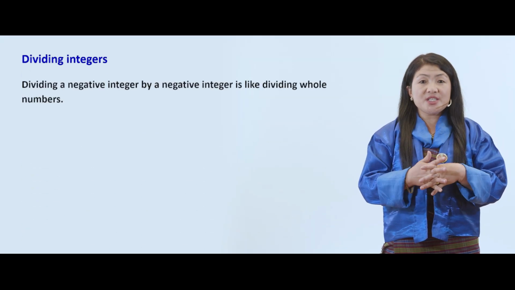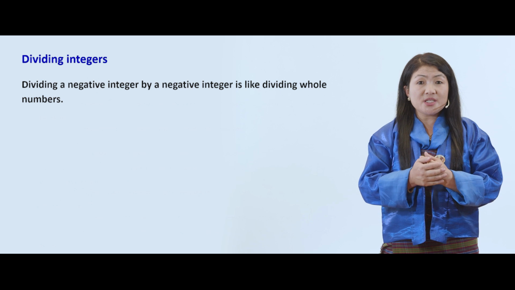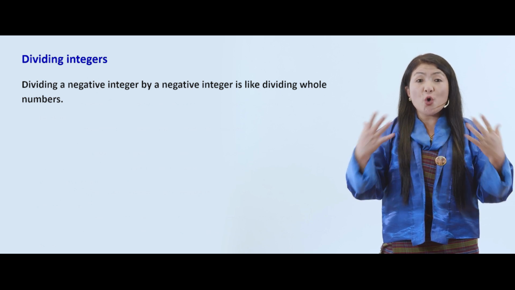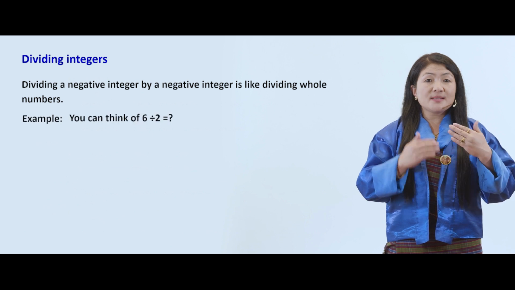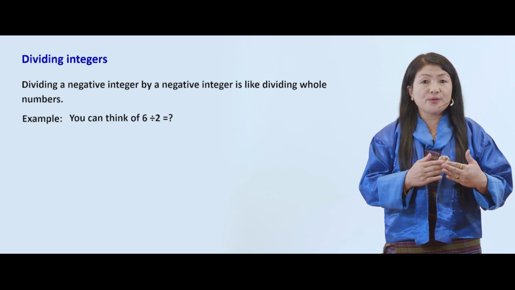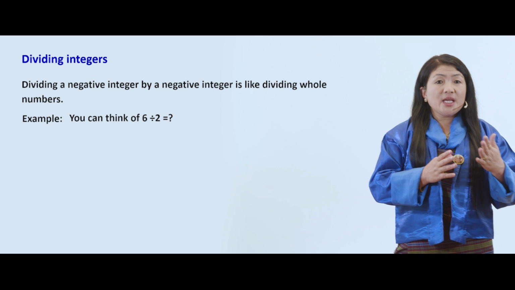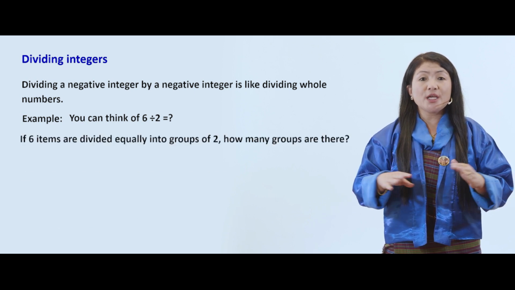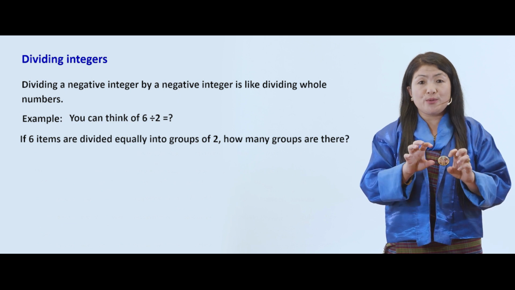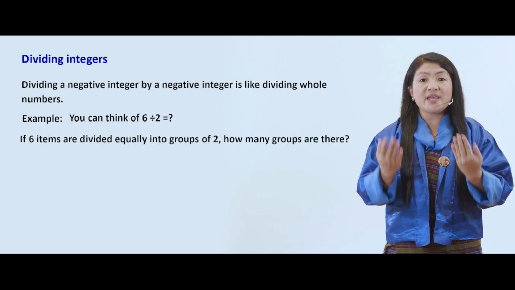Dividing a negative integer by a negative integer is just like dividing whole numbers. For example, you can think of 6 divided by 2. Say 6 items are divided equally in groups of 2, how many groups are there?